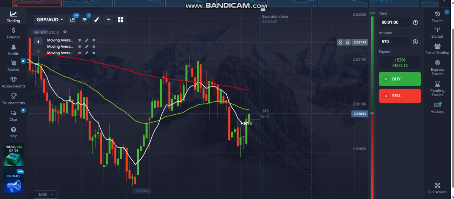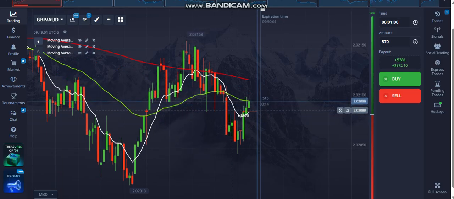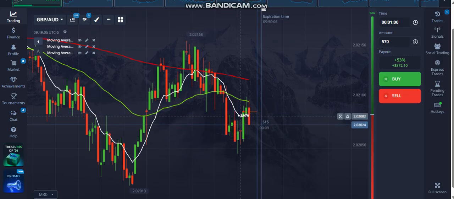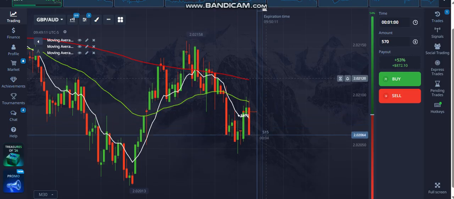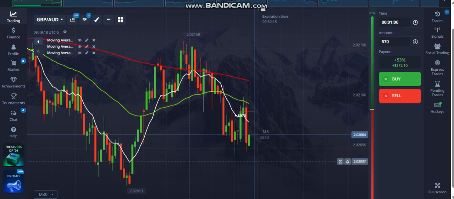Okay, so I'm back on the Great British Pound Aussie dollar pair, and I just took a sell trade. Waited for the first step. Waited for the crossover of the 10 and the 50 EMA, and then waited for the retracement back to the 10 EMA line. In addition to that, the red 200 SMA showing a bearish trend, a downward trend. And so all the confirmations were there.